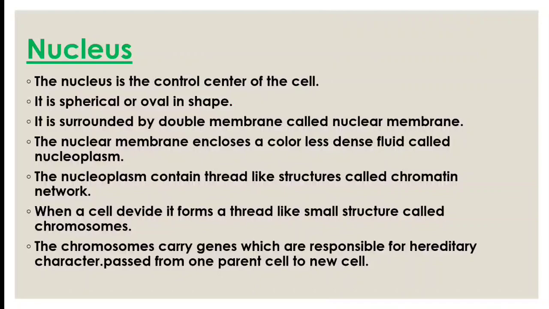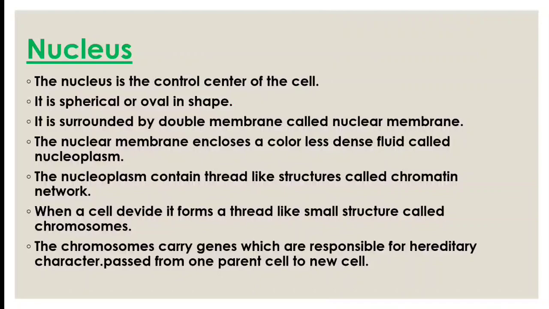So when a cell divides, the chromatin network, which are large thread-like structures inside the nucleoplasm, break into small thread-like structures which are called chromosomes.